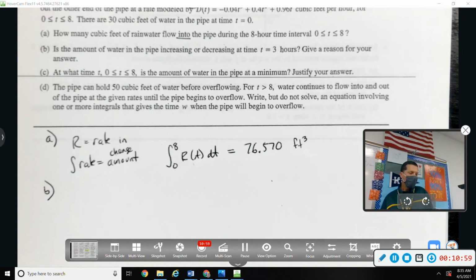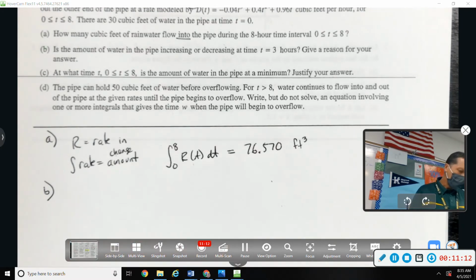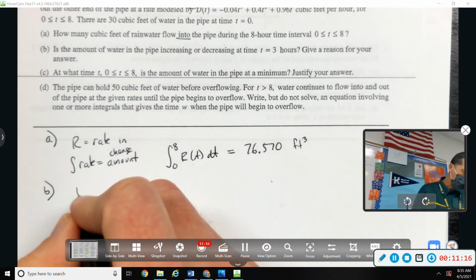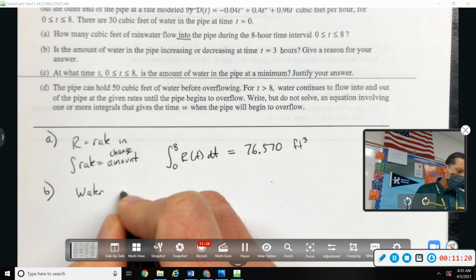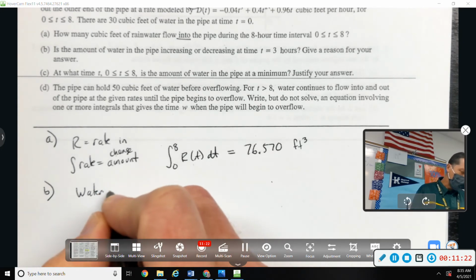Part B. Is the amount of water in the pipe increasing or decreasing at t equals 3? Give a reason for your answer. Well, let's see, the amount of water in the pipe. But is it changing? So we want the water change.